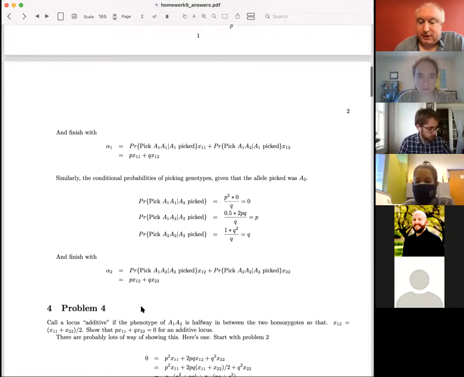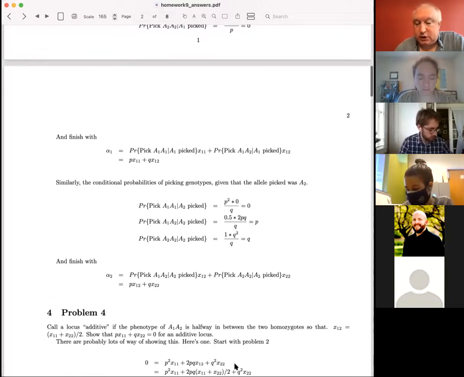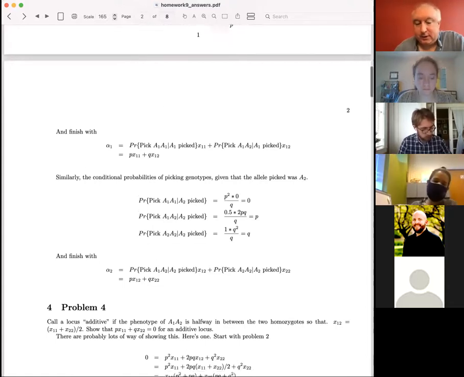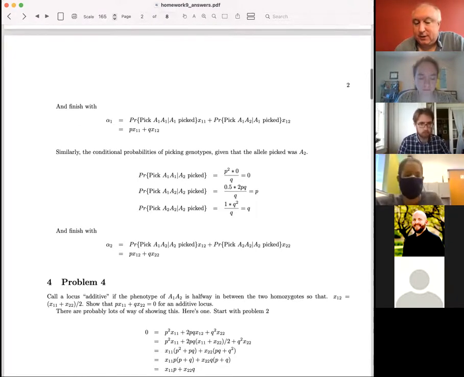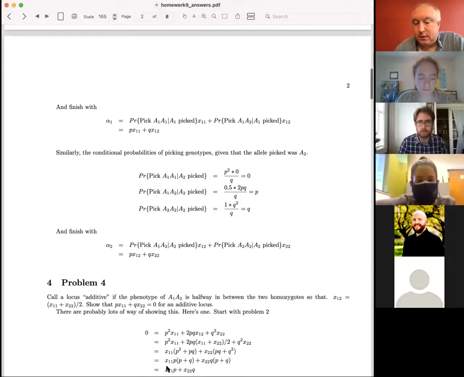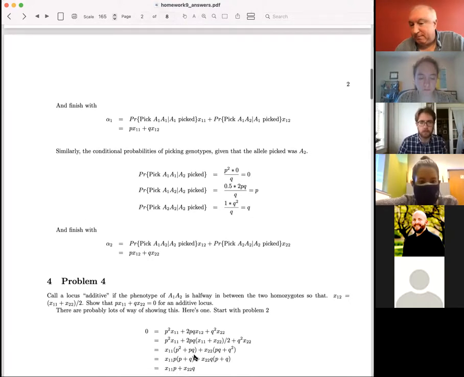Just a few algebra steps, starting from the population mean being 0 and taking the heterozygous average as the average of the 2 homozygotes. It'll take you 3 steps of algebra to get to the final result we're looking for, assuming you recognize p plus q as 1.